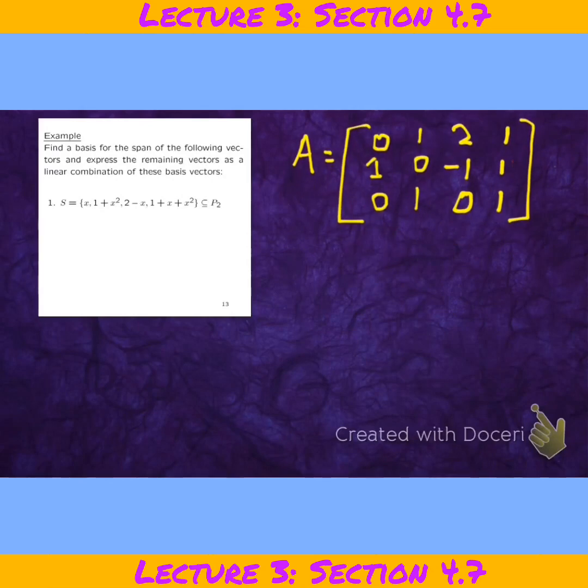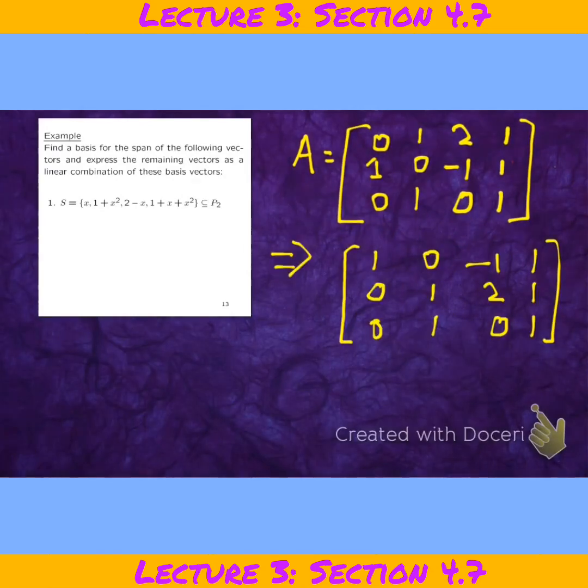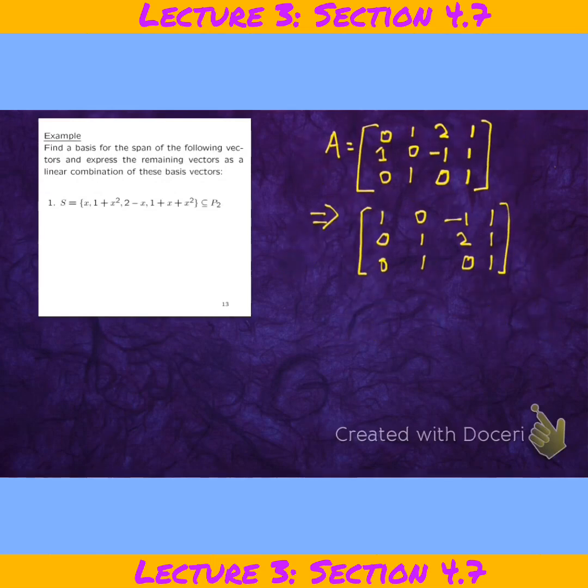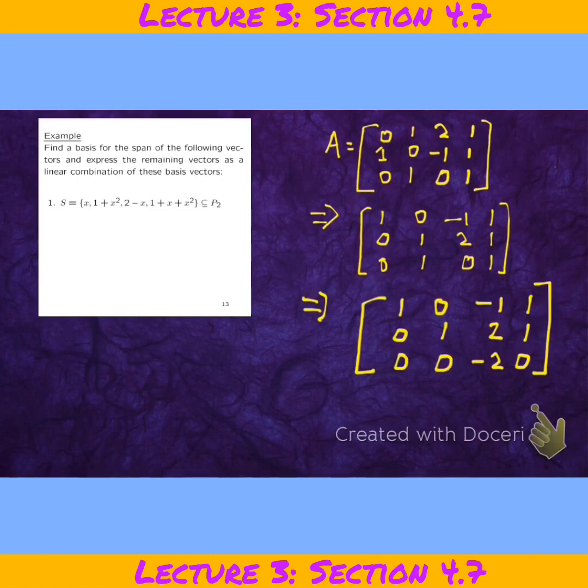Right, so taking our matrix A, we will write A in row echelon form. We do that first by interchanging the first and the second row of the matrix A. Then changing the third row by taking -1 times the second row and adding it to the third row, we get this.